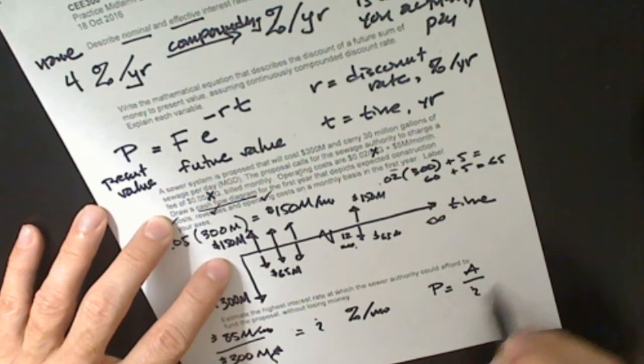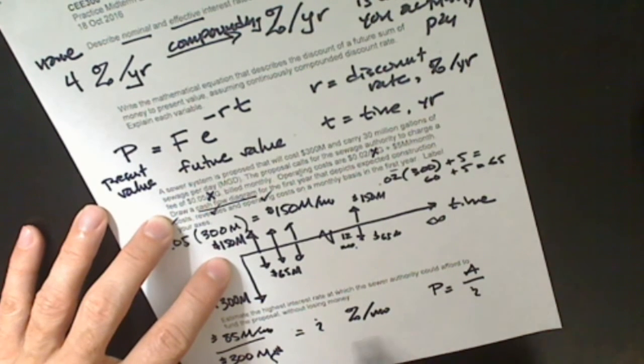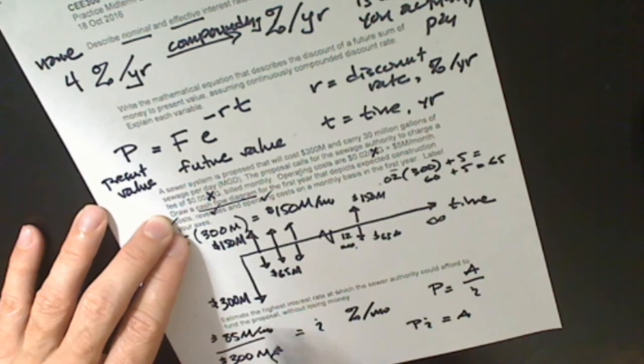And this formula is used to discount a perpetual series of payments to their present value. You can see Pi equals A. This is the interest rate that you pay on the balance of the amount that you borrow, and thus the interest that would accrue every month or every year or however often you are compounding your interest.